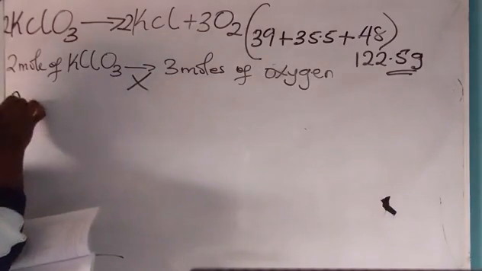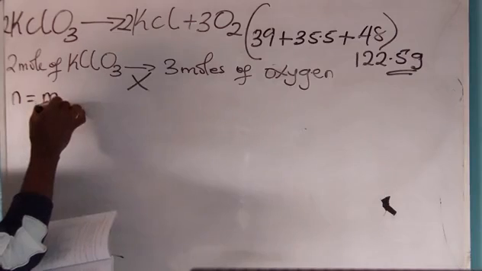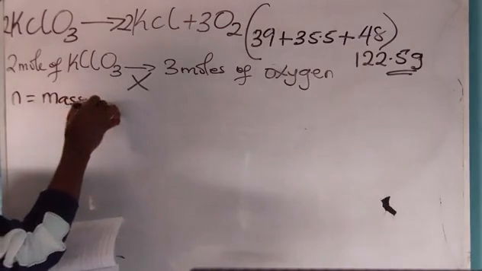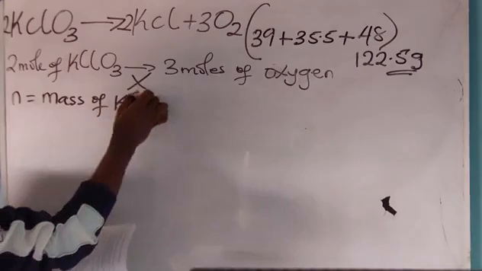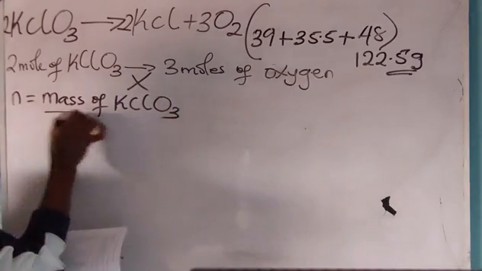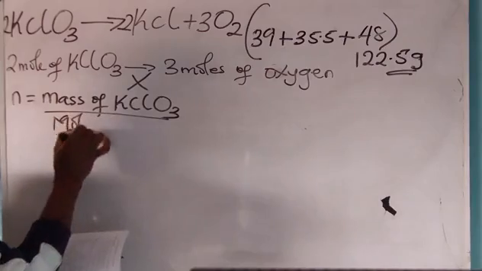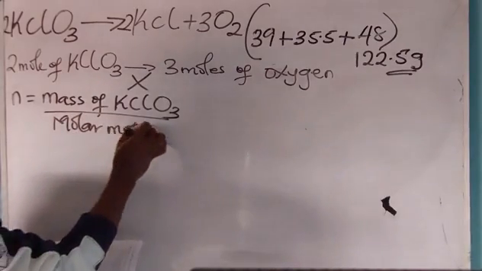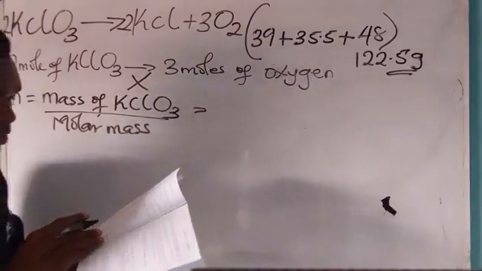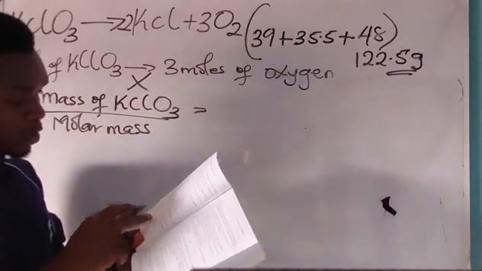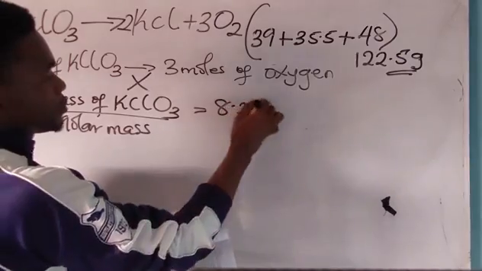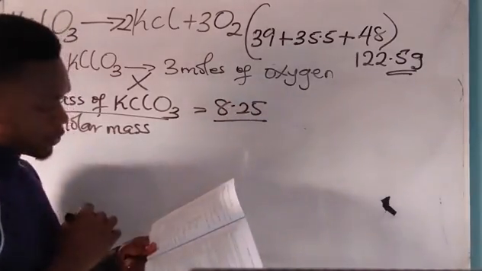So number of moles now equals mass of potassium chromate over molar mass. The mass of potassium chromate in the question is 8.25.